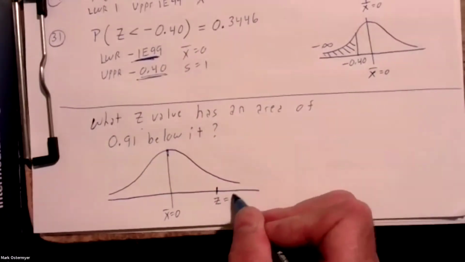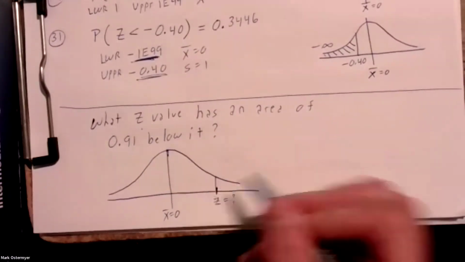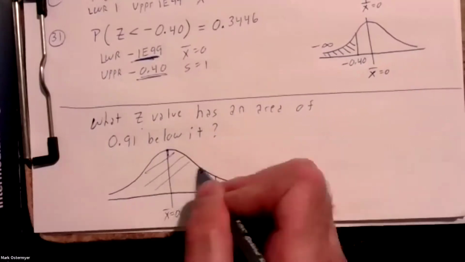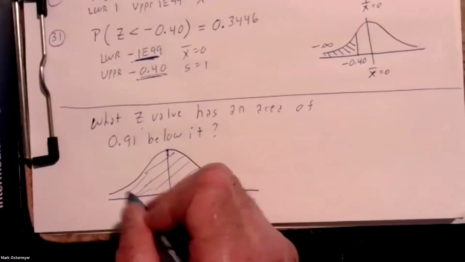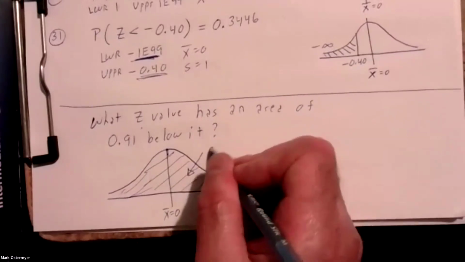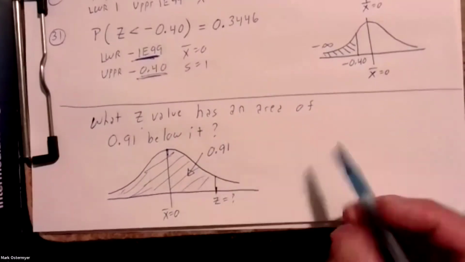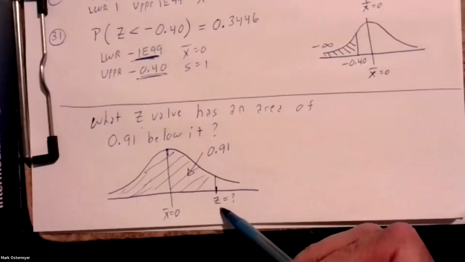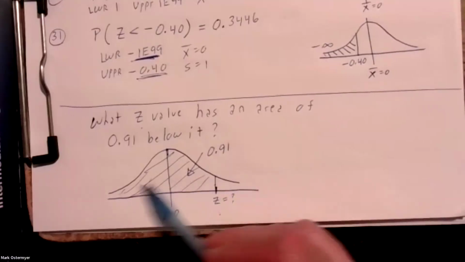We have to find the Z value below which lies 91% of the area of the entire curve. This area is 0.91, and the Z value is really the 91st percentile, because 91% of all the other observations are below it.